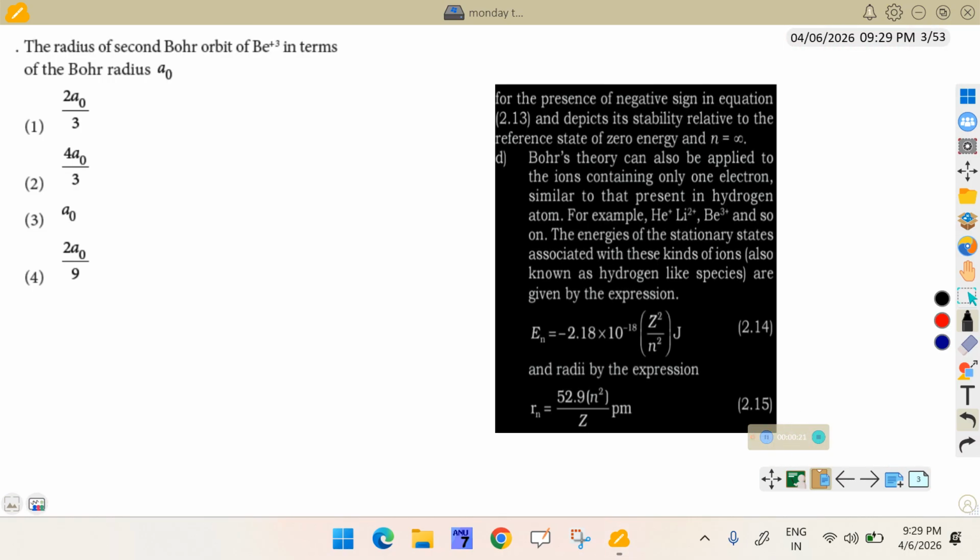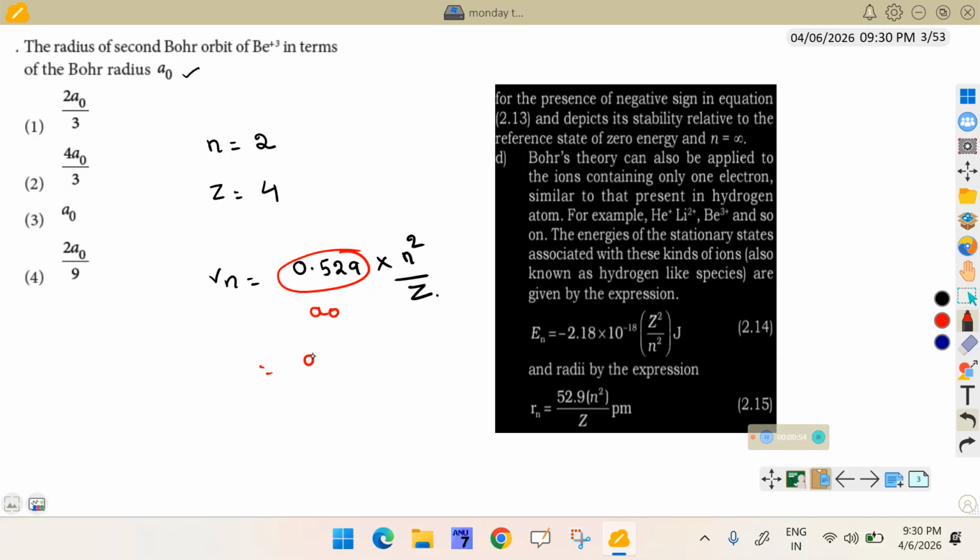The radius of the second Bohr orbit, n value is given as 2, of beryllium 3+. Beryllium atomic number is 4, in terms of the Bohr's radius a0. What we know, radius of the nth orbit is 0.529 into n square by Z. The 0.529 value is given as a0.